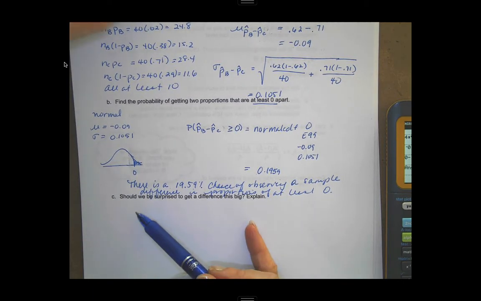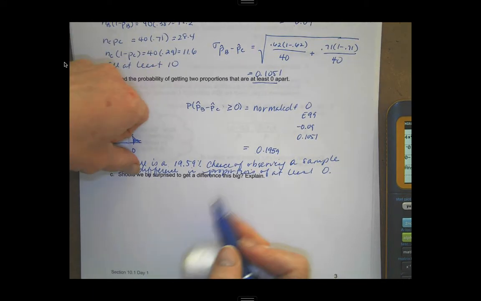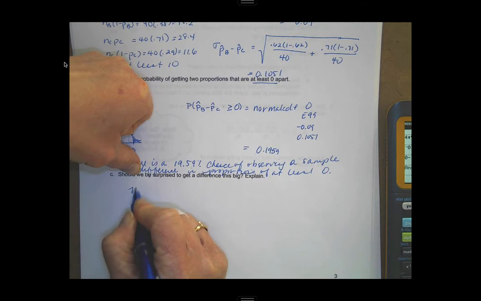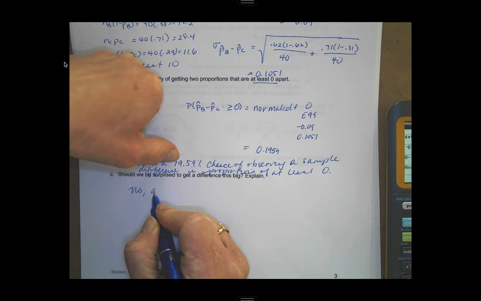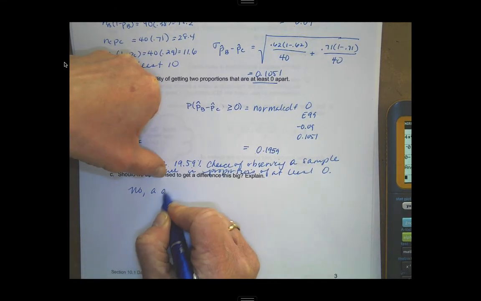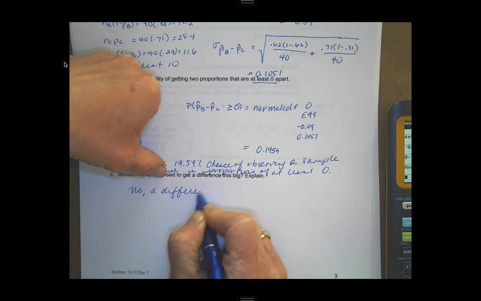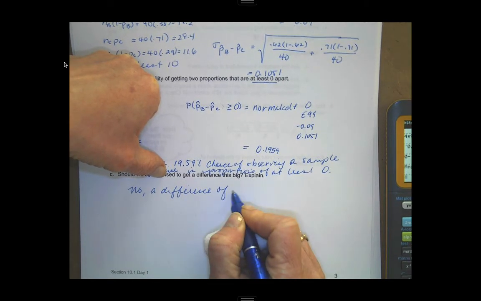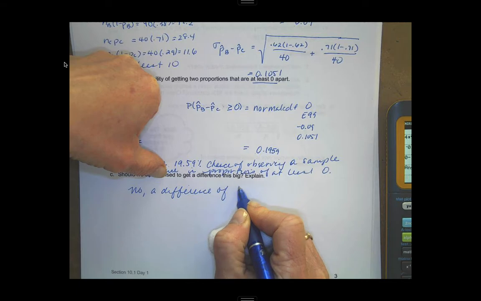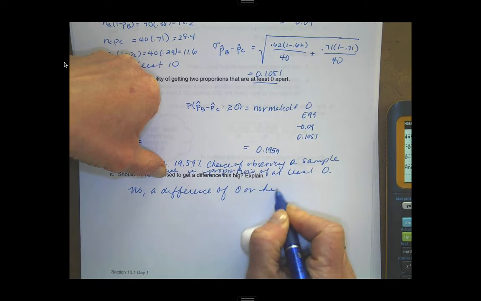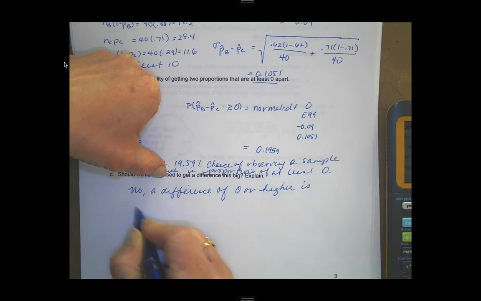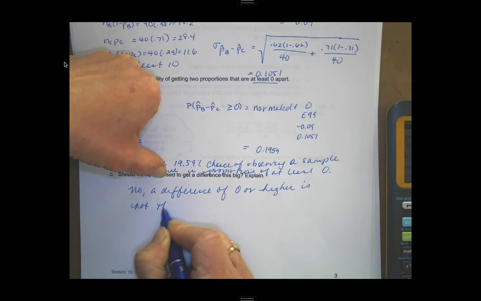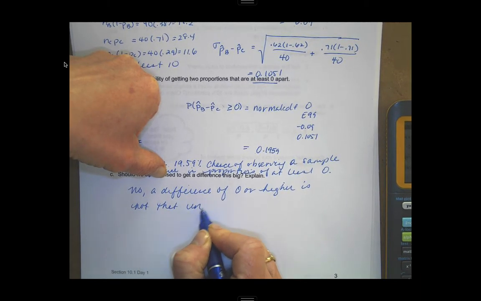So in part C, it says, should we be surprised to get a difference this big? So no. I mean, it happens 19.59% of the time. So a difference of 0 or higher is not that unusual.